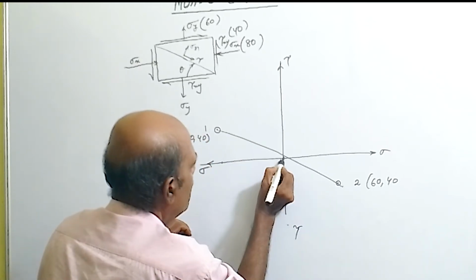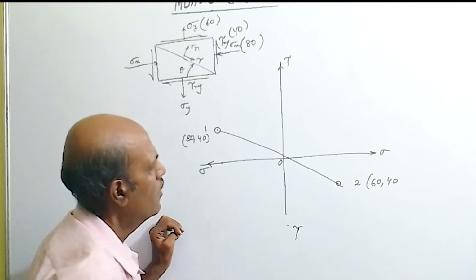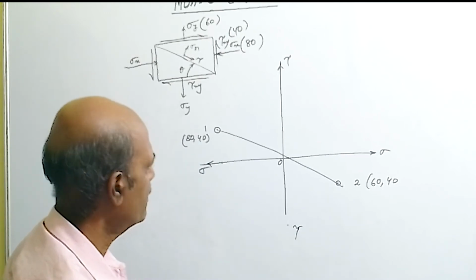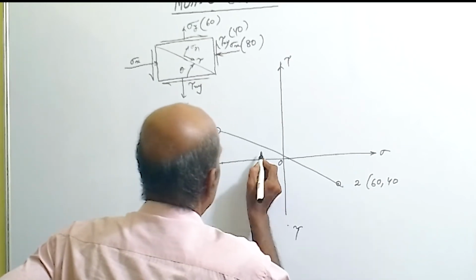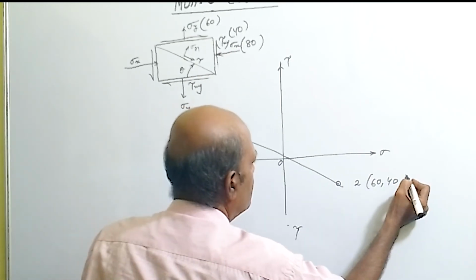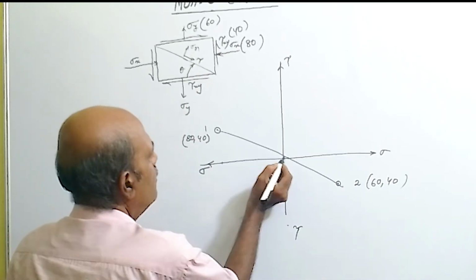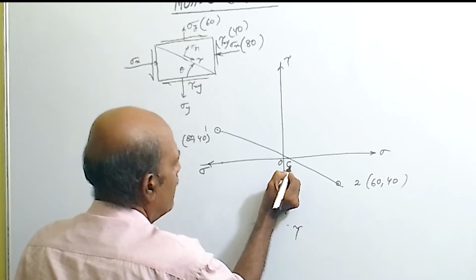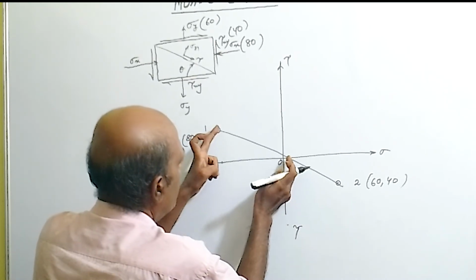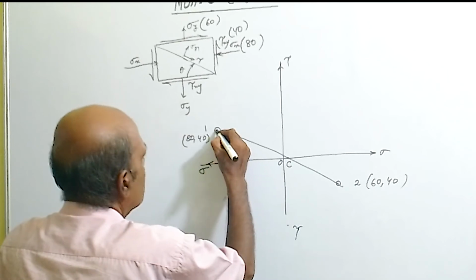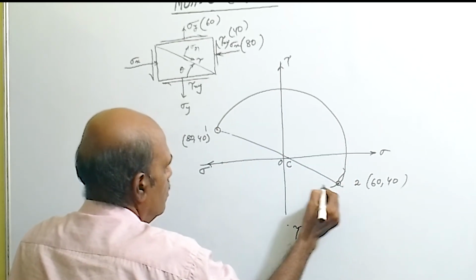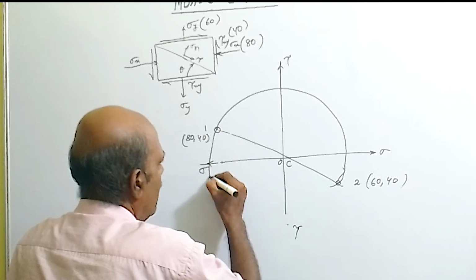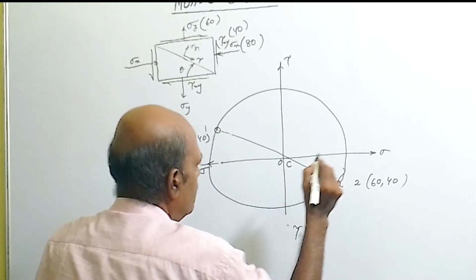So somewhere it will intersect the sigma axis, right? So it will be somewhere here. Now take this one as center and this one as radius, and draw the circle. So this becomes the Mohr circle.